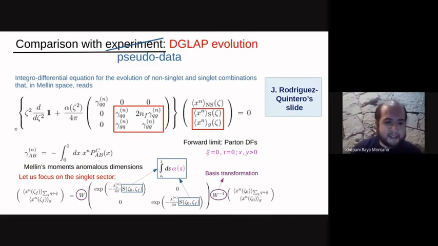We can have this equation for the GPD, but for the time being, we will limit ourselves to the forward limit, so we are dealing with the PDF.